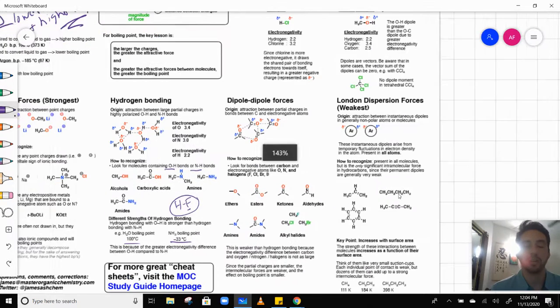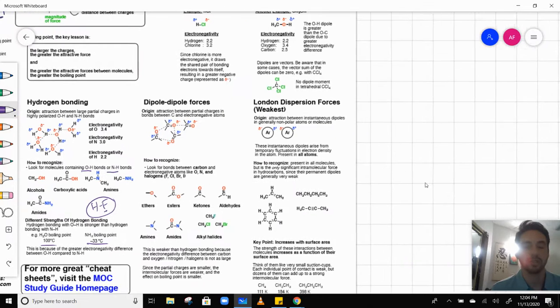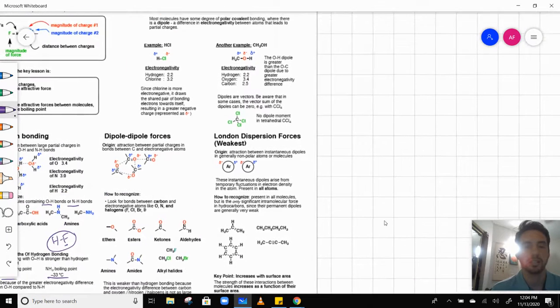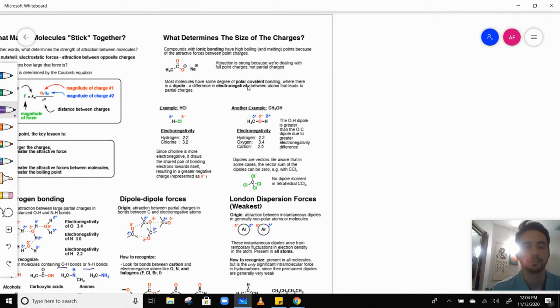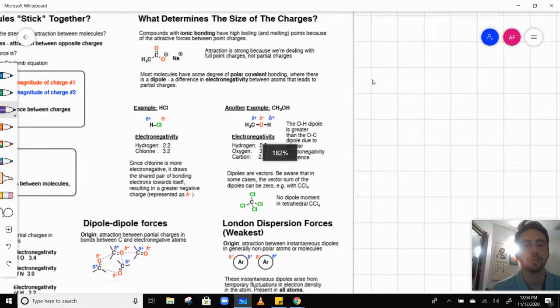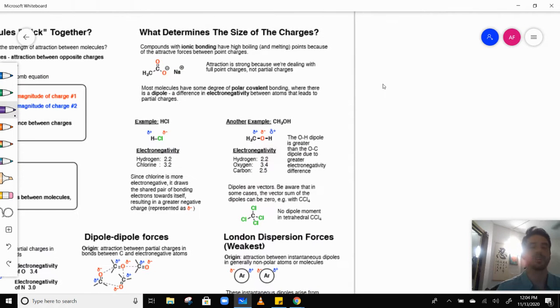Dipole, we talked about that. You don't have to worry about these functional groups or anything. That's all organic chemistry. The size of the charge, again, is electronegativity differences. So we did a worksheet on that. So you're looking at the difference in electronegativity.